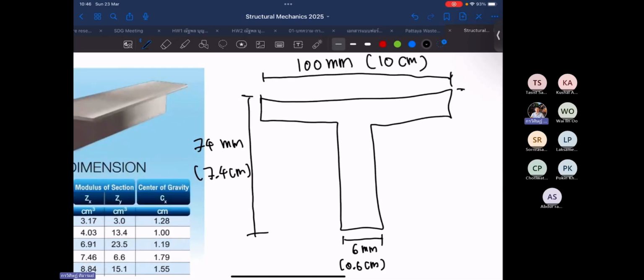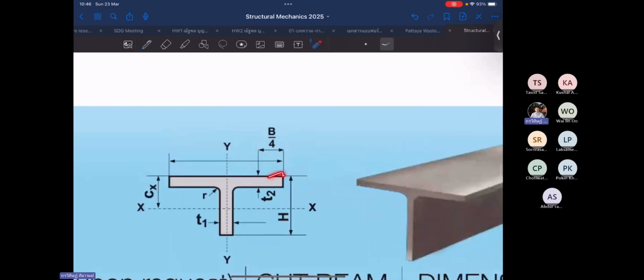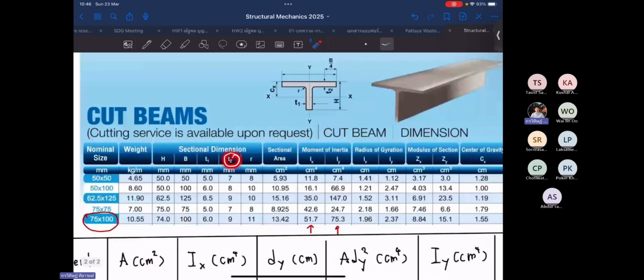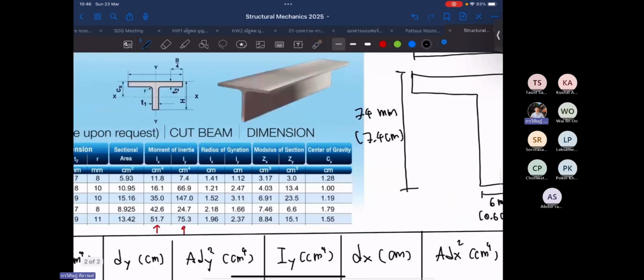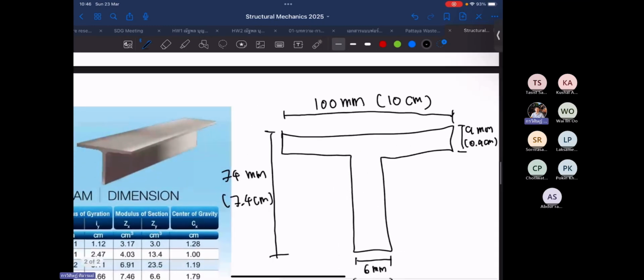The last one is the thickness of the flange, denoted by T2. In this case, T2 of this section equals 9 millimeter, so we put in 9 millimeter or 0.9 centimeter.